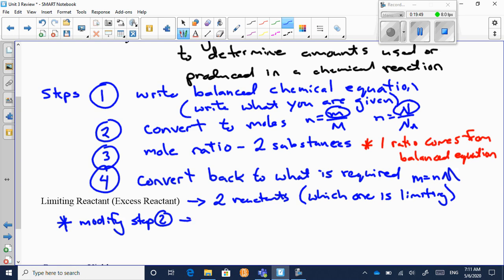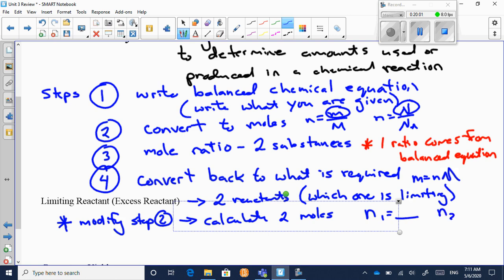So in this case, though, you're going to calculate 2 moles. Let's say you've calculated N1 equals something and N2 equals something else. Now, you're not done at that point because you may argue, well, whichever one of those is the lowest is the limiting reactant.